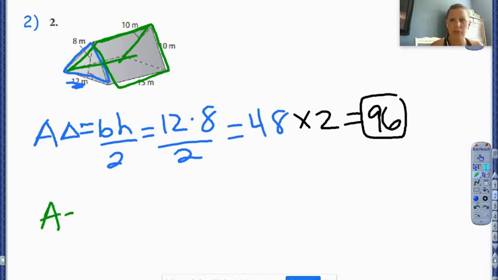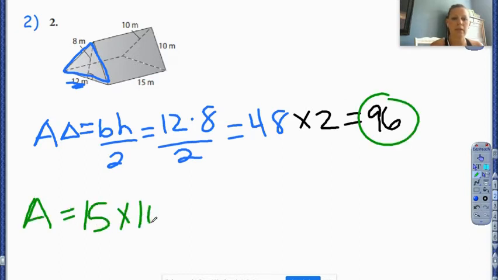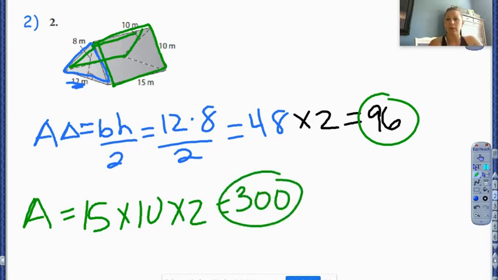I guess I shouldn't have written over the number. Let's see, 15 times 10. So that's here and here times 2, because there are 2 of those. So 15 times 10 is 150. 150 times 2 is 300. I'm going to circle that because it is part of my final answer.